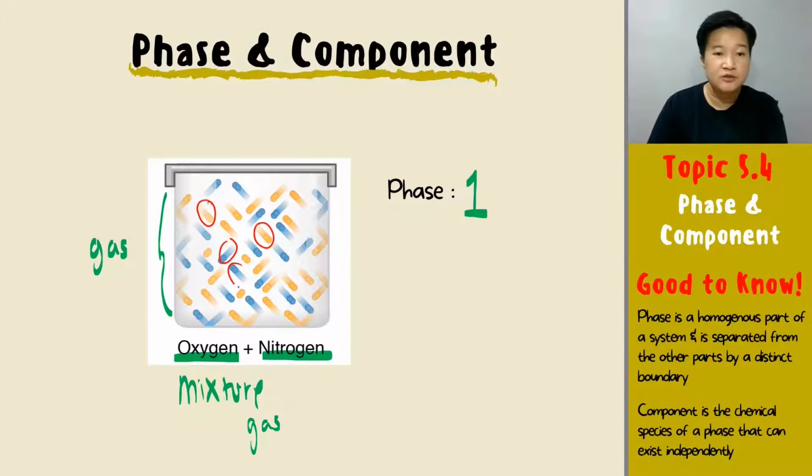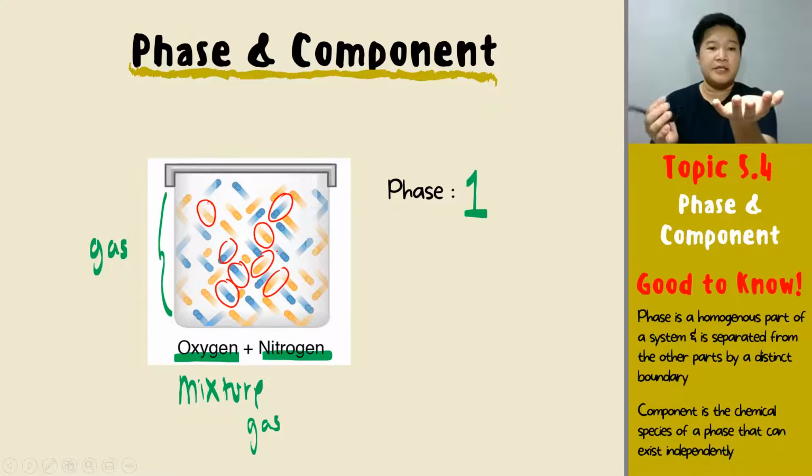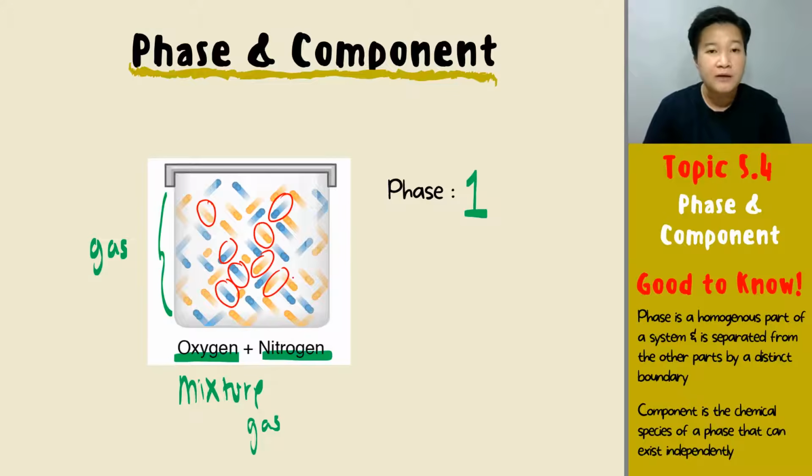Can you see there is no distinct boundary between your nitrogen and oxygen gas? All the gases are now mixed up. We cannot differentiate. If I have a beaker and I say that I have oxygen gas and nitrogen gas in the beaker, we cannot see which one is oxygen gas and which one is nitrogen gas. That's why you only have one phase.